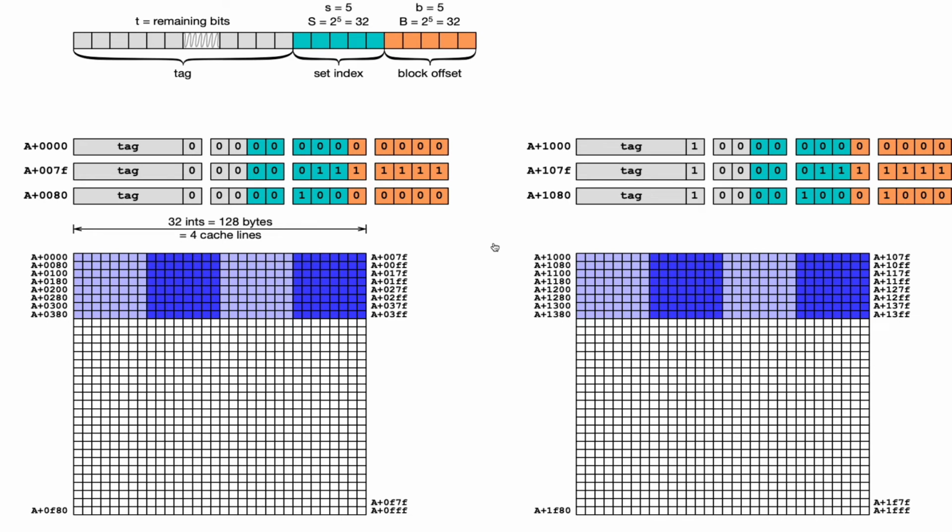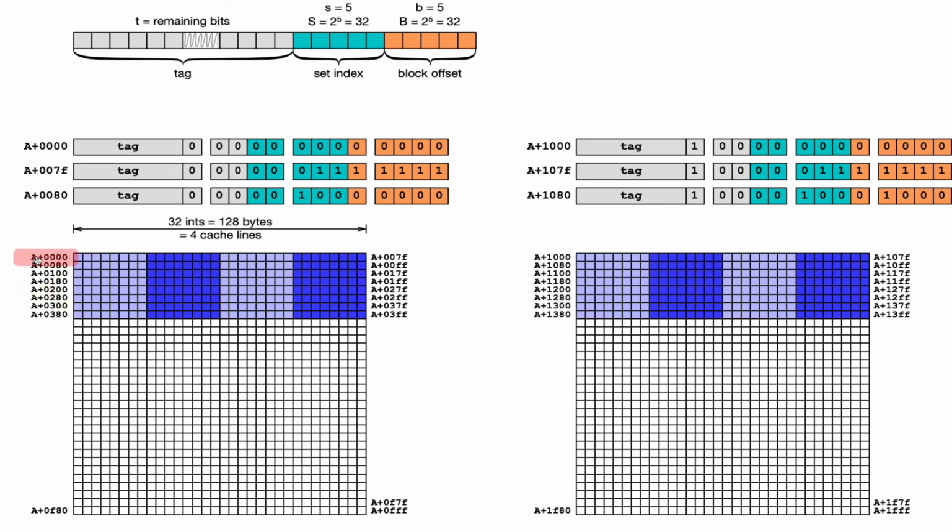All fine and good so far, except for one problem. Let's just think about the very first row of A, and we'll just think about the first 8 integers in A. We want to read from those first 8 integers, and we want to write them into 8 integers here in B, going down the column.